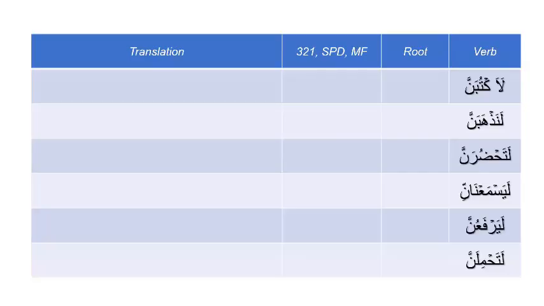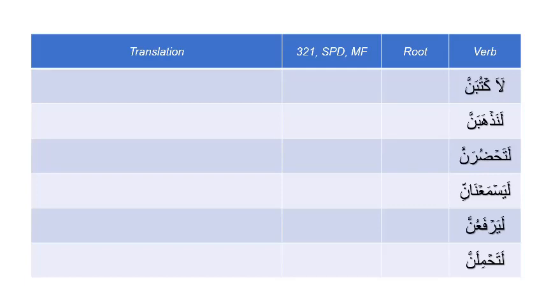Okay. Now some more work, and all this is pulling together material that we've seen before. So la aktubanna. For each of these verbs, you need to tell me the root, then tell me whether this is third person, second person, first person.